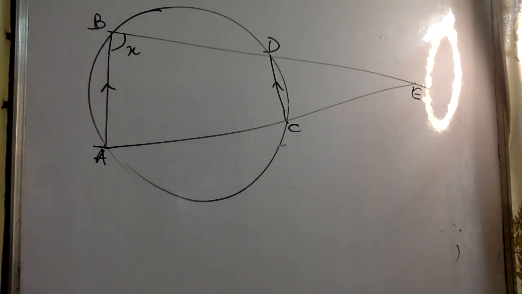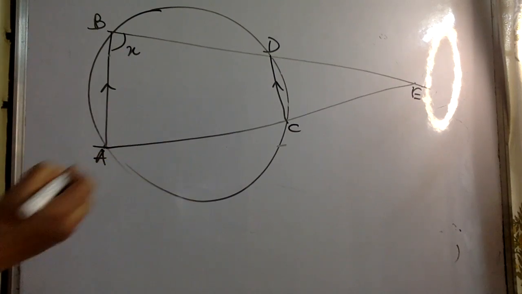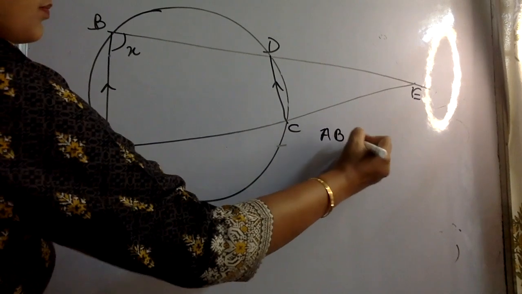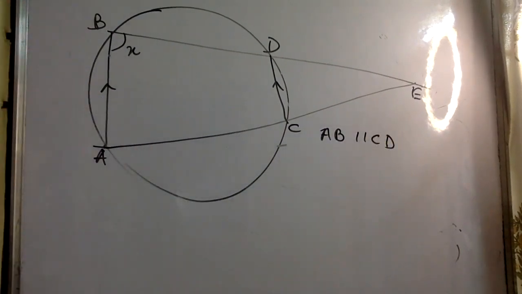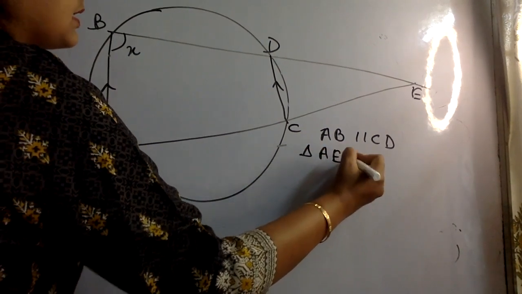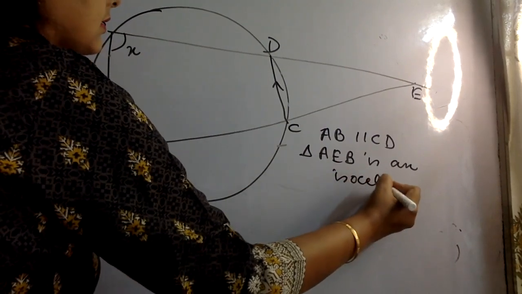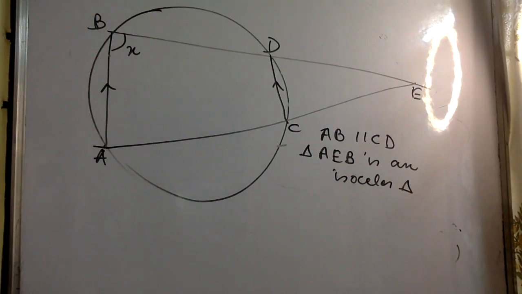Here they have told us that AB and CD are 2 parallel chords. They have given us AB parallel to CD, and then they want us to prove that triangle AEB is an isosceles triangle. How do we prove it?